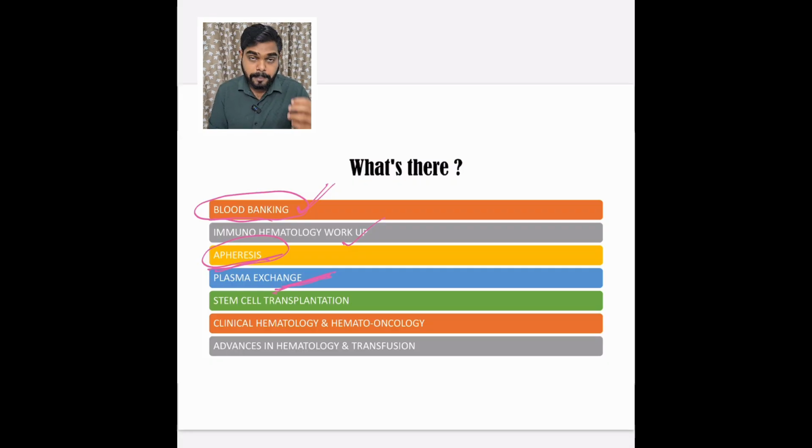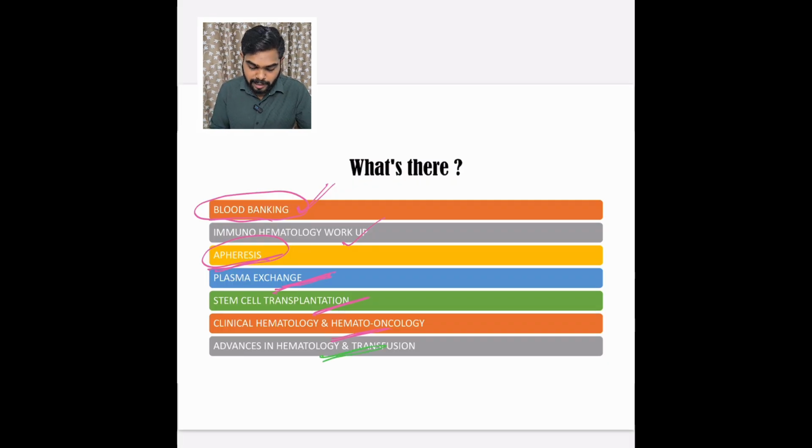And the next core concept of blood banking is developing new advanced technologies and tests, like stem cell transplantation. This procedure is vital in hemato-oncology cases. We work in clinical hematology and hemato-oncology.